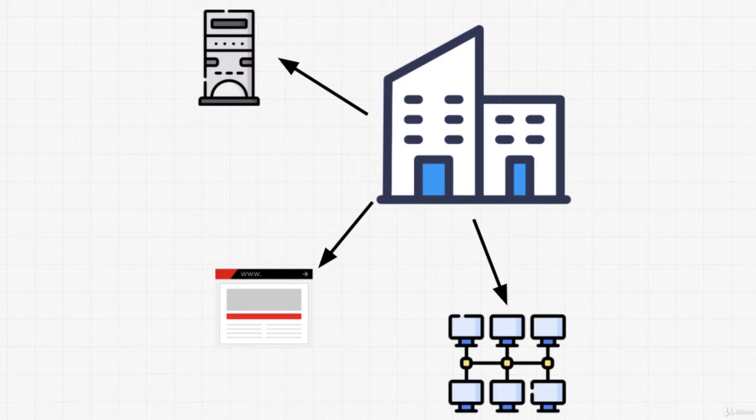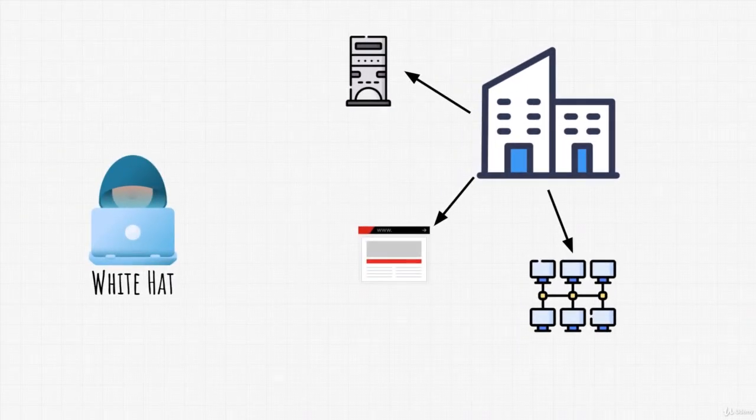And as we already know, our goal is to make sure that data is secured from cyber attacks, that employees and their machines are also in a secure network, and that the website doesn't have any bugs that could present a threat to that company. How do we do all of this? Well, we do it by attacking the company. We act as a black hat hacker would, but with a different goal.